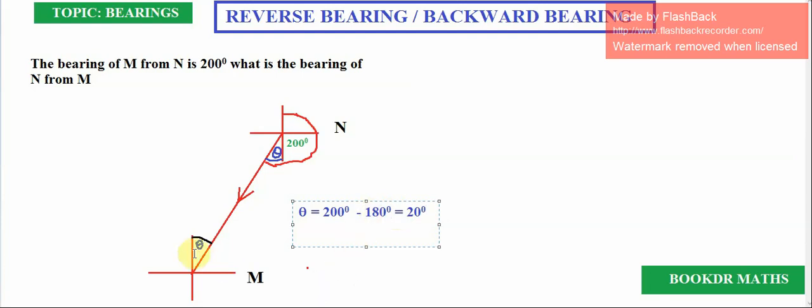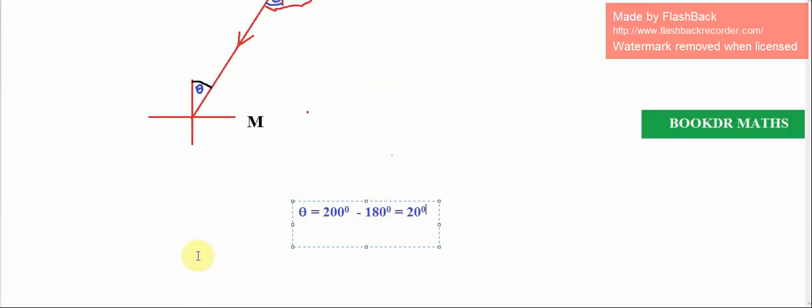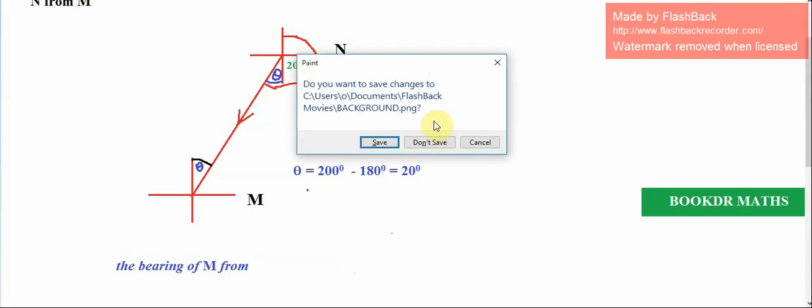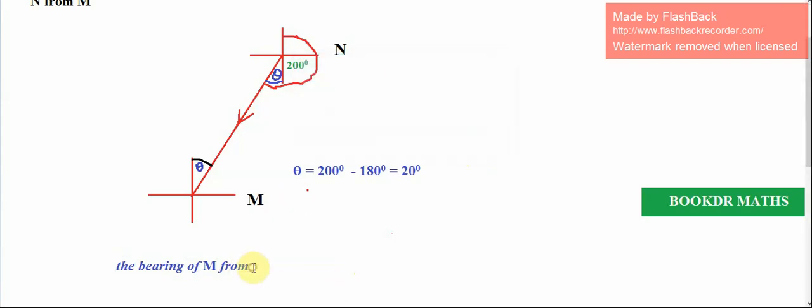Henceforth, we can say that the bearing of N from M, beg your pardon, is 020 degrees.